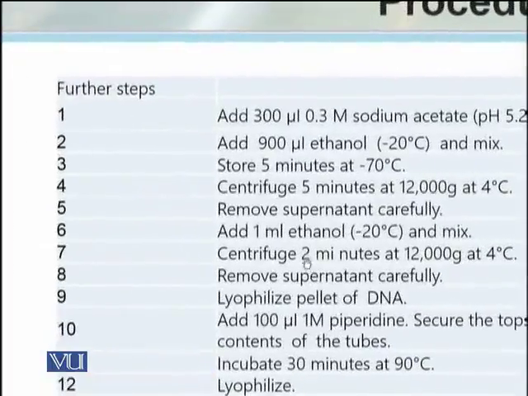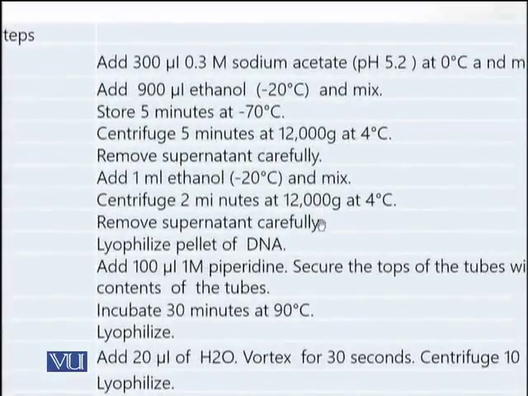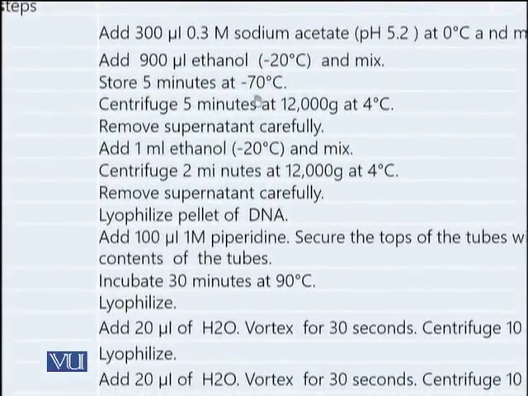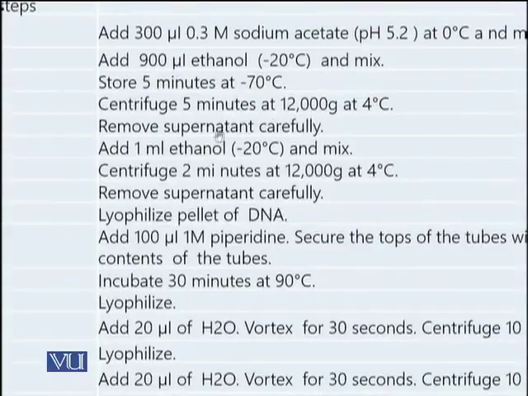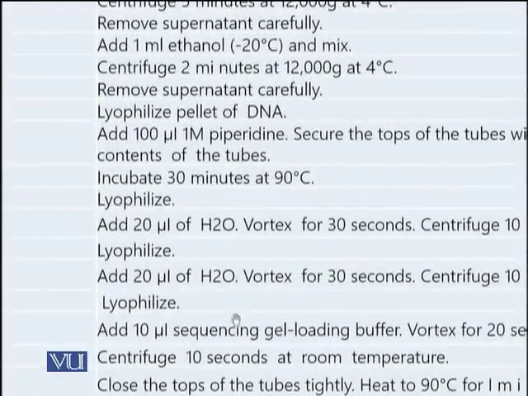This is a list of the steps: add sodium acetate and ethanol, keep it at minus 70 degrees centigrade, centrifuge, remove the supernatant, add ethanol, centrifuge again, remove the supernatant, and lyophilize. In this way we are going to proceed further.